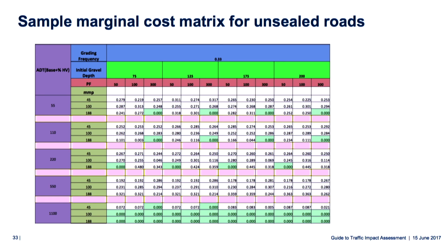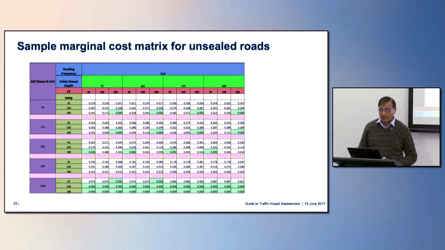PF varies from 50 to 300, that's what is used in this chart. And then the MMP varies from 45 to 100. So for each initial pavement depth and the specific material type, there is a marginal cost figure.